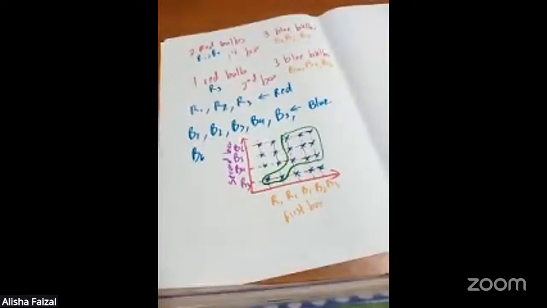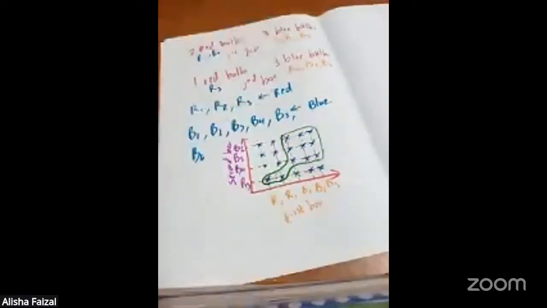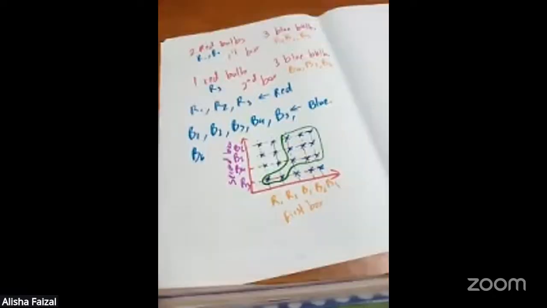Is it still confusing? If you're confused, tell me. Are you sure that you're not confused? If you have a doubt, I can explain a different way. Should I explain again? Don't need, right? Okay.